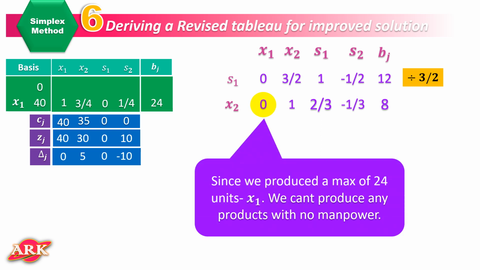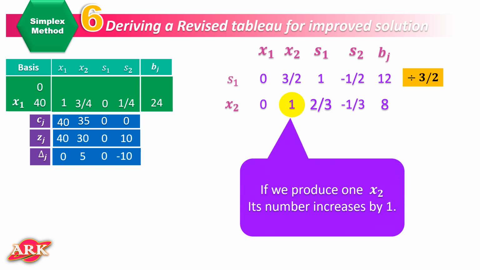Now 0 represents that since we produced a max of 24 units of x1, we can't produce any products with no power because no manpower is available now, completely used by x1 production. 1 represents if we produce 1 unit of x2, its number increases by 1.